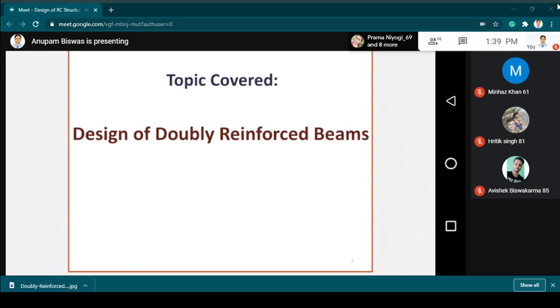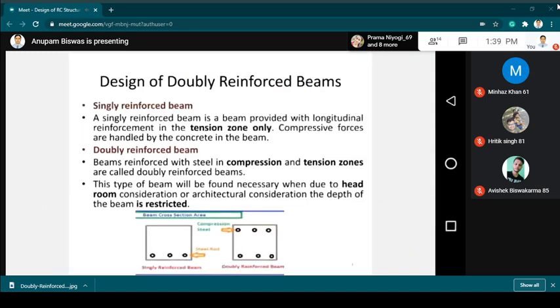It's about the difference between singly reinforced beam and doubly reinforced beam. In singly reinforced beam, till now we have dealt with reinforcement that is applied only on the tension zone, that is, for a simply supported beam, below the neutral axis. So singly reinforced beams are those where the reinforcement is provided on the tension zone only, and no reinforcement is provided to carry the compressive force on the compression zone.